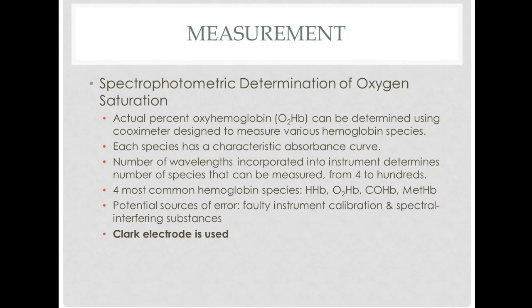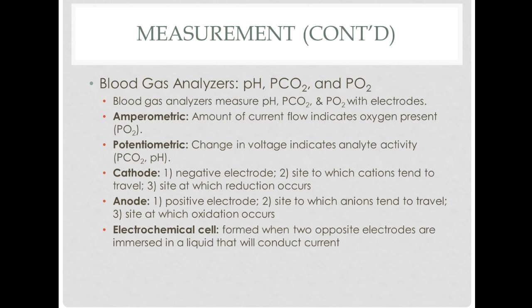We look at the four most common: deoxyhemoglobin, oxyhemoglobin, carboxyhemoglobin, and methemoglobin. Some of the potential sources of error are faulty instrument calibration and spectral interfering substances, things like hemolysis or lipemia, that can cause problems.